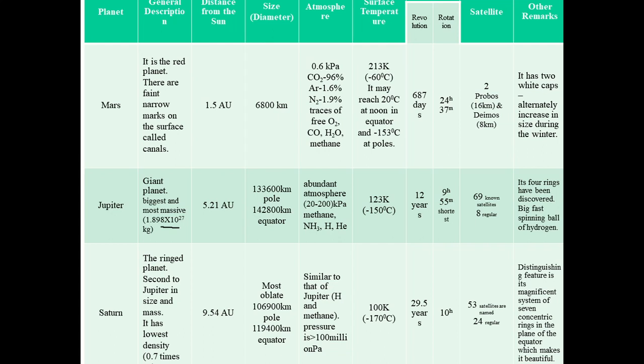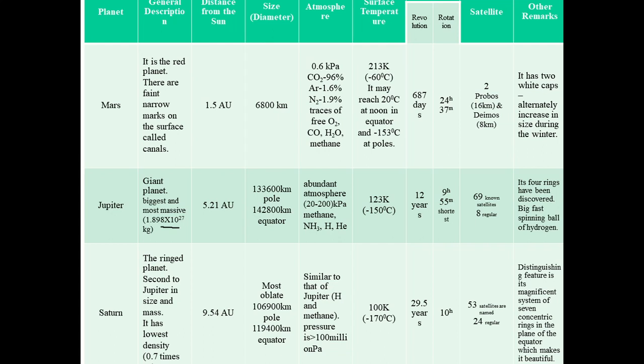When we consider the diameter of Jupiter, it is 133,600 kilometers at the poles, and at the equator it has a diameter of 142,800 kilometers.